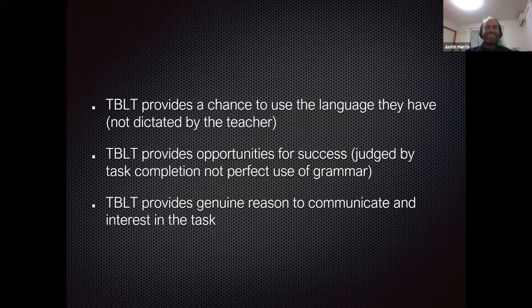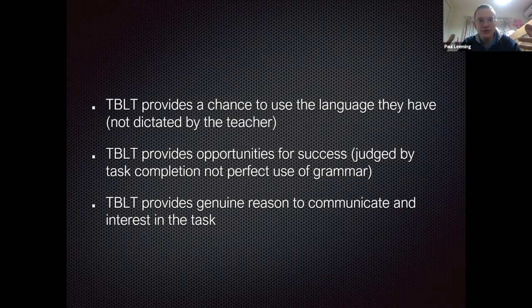So what does TBLT do? TBLT provides students a chance to use the language that they have. Students have never been given a chance to use this language. If the teacher tells them the language before the task, they don't know: did I know that language? Could I have done it without the teacher? I don't know. He told me what to say. I said it.